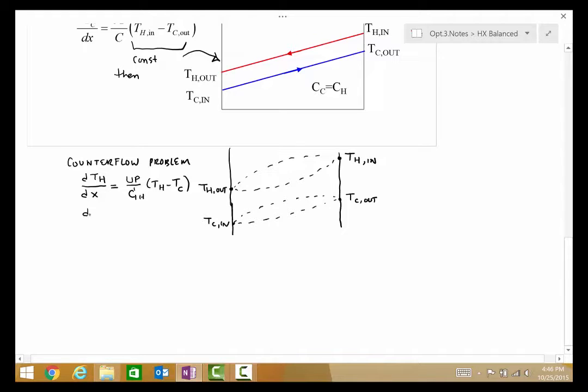And for the cold stream, dTC/dx is UP over CC times TH minus TC.